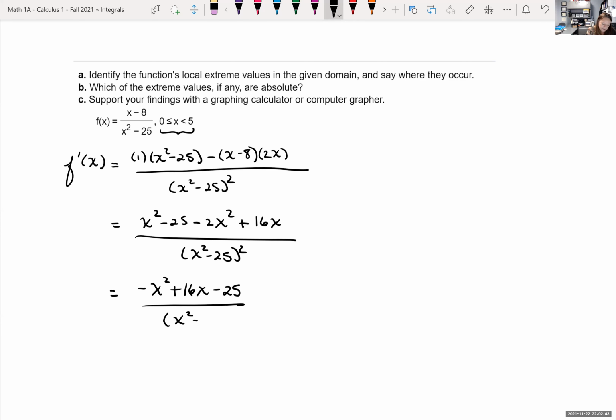Which is the following. Negative x squared plus 16x minus 25 all over x squared minus 25 quantity squared. I don't see anything that multiplies to give me 25 and adds to give me 16. And so I could use my quadratic formula to find out what value sets that equal to 0.